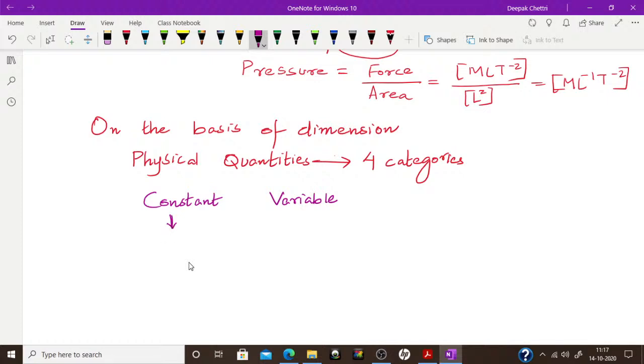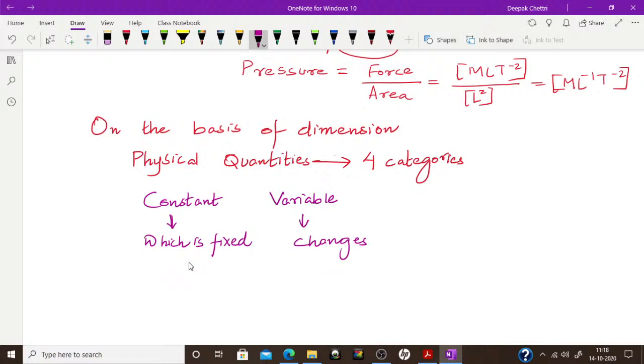The word constant is simple to understand. The meaning is the word itself. Constant means something which is fixed, which does not change. And variable means something which changes from time to time. So constant is something whose value is fixed, whereas variable is something whose value will change from time to time. So that is constant and variable.